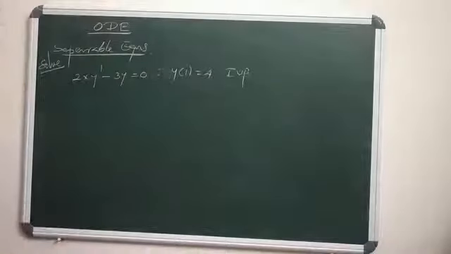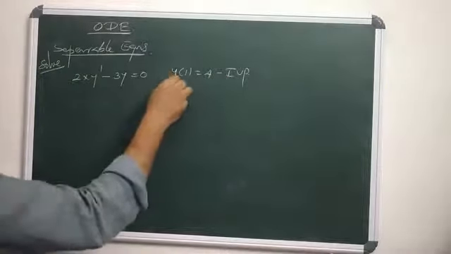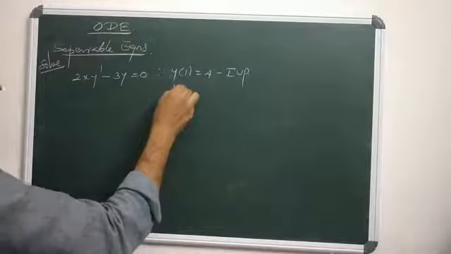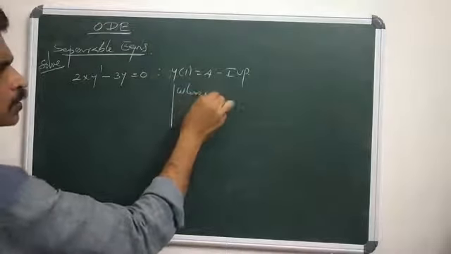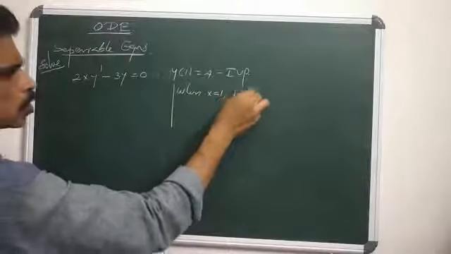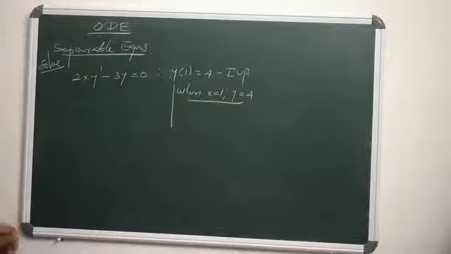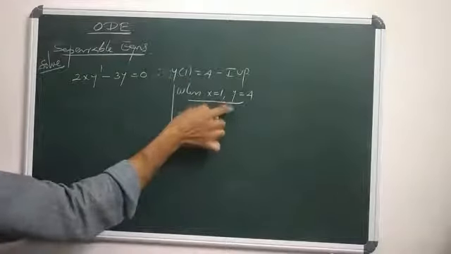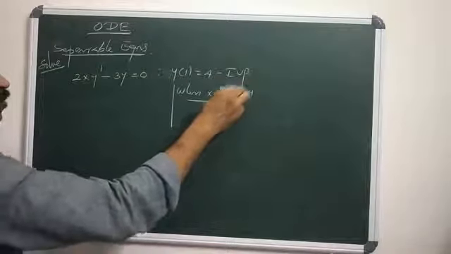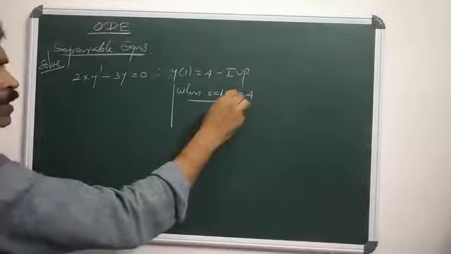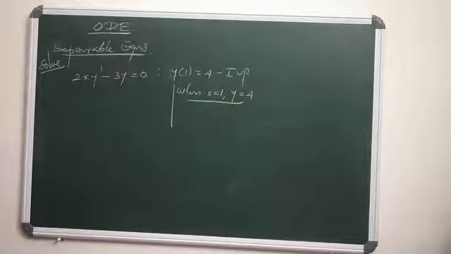The condition is y1 equals 4, which means when x equals 1, the corresponding y value is 4. So this initial condition is used to find out the value of the arbitrary constant c.